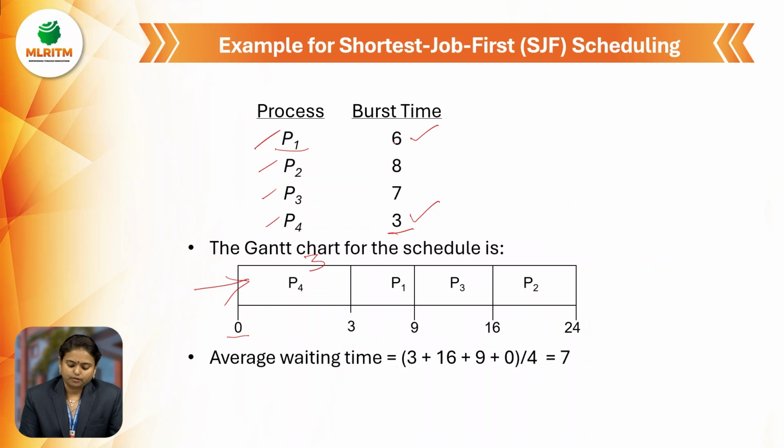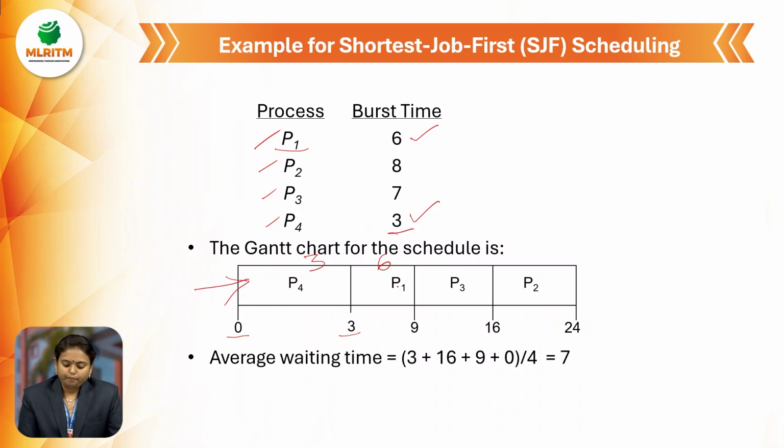And what about the next, P1? Its waiting time is 3, and the burst time is 6. How is it 3 here? The burst time of P4 is nothing but the waiting time of P1.